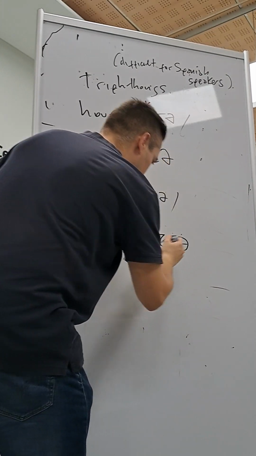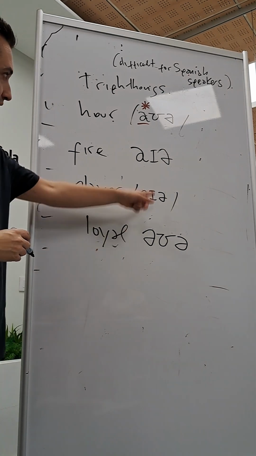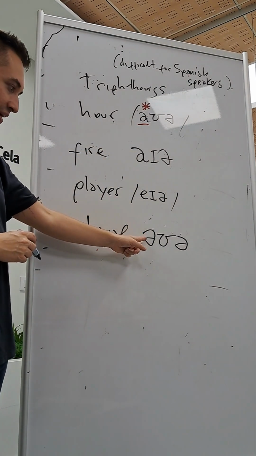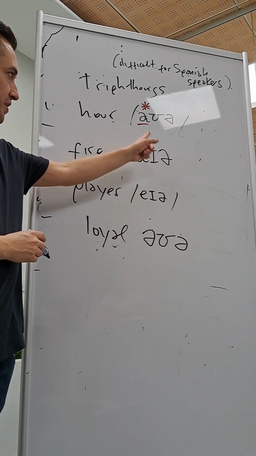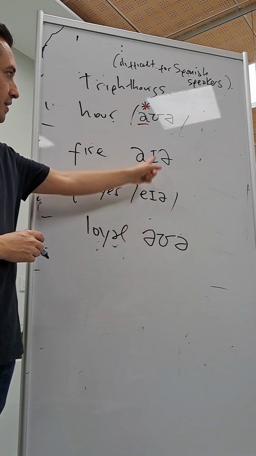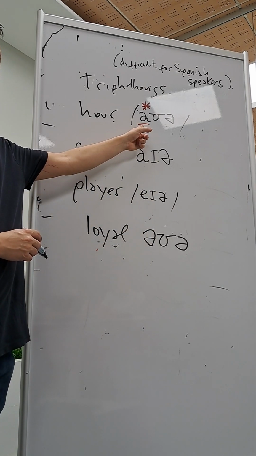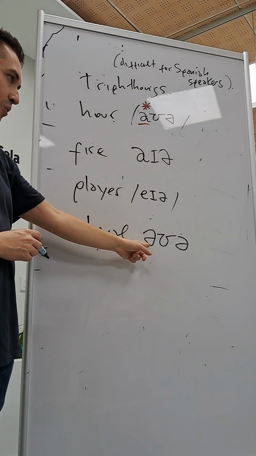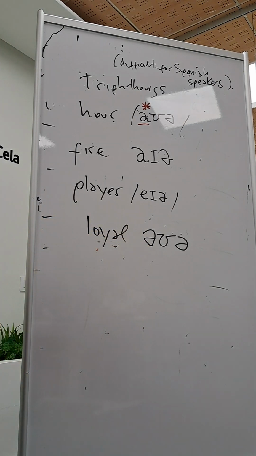You're totally right, because otherwise this and this would be the same. So this is loyal, oa, and this is our. Schwa at the beginning is more like oh, oa, loyal.